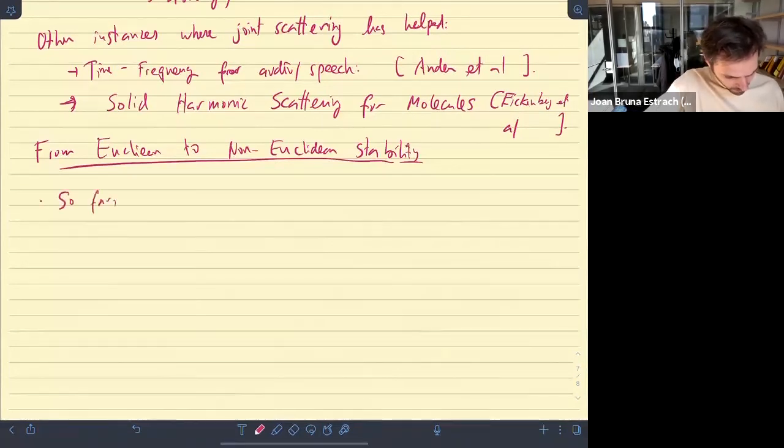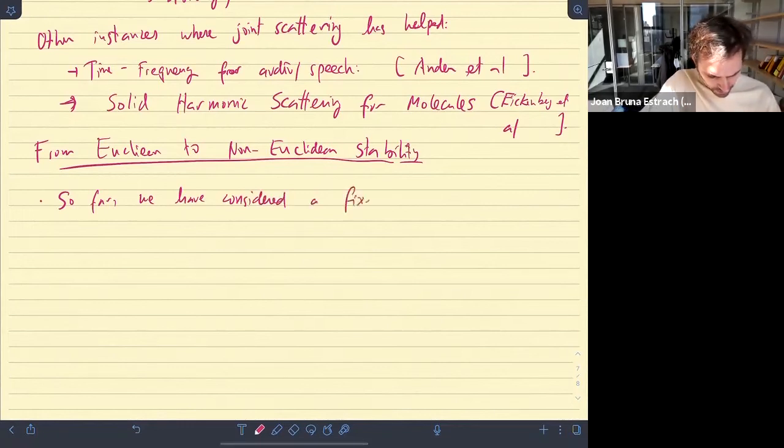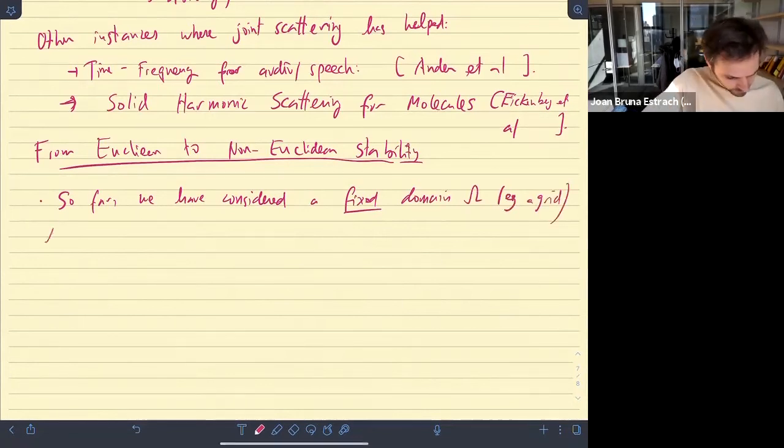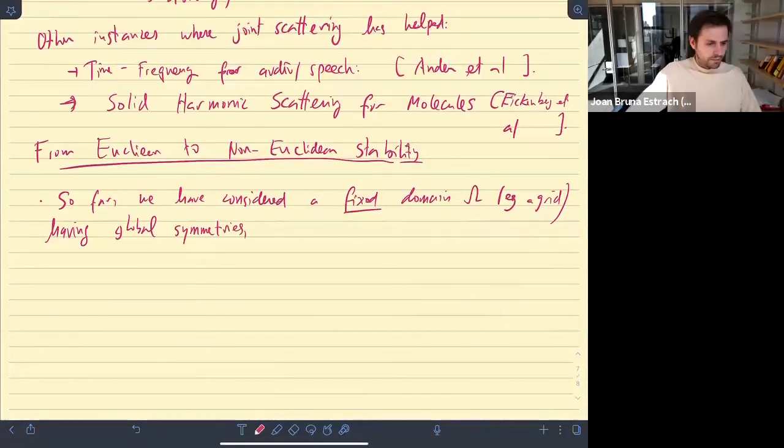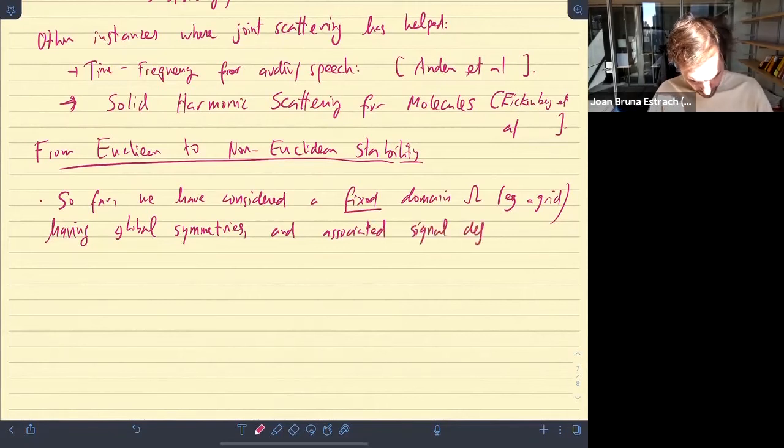So far we have considered a fixed domain, omega, that has global symmetries, that we model with group transformations and associated signal deformations.